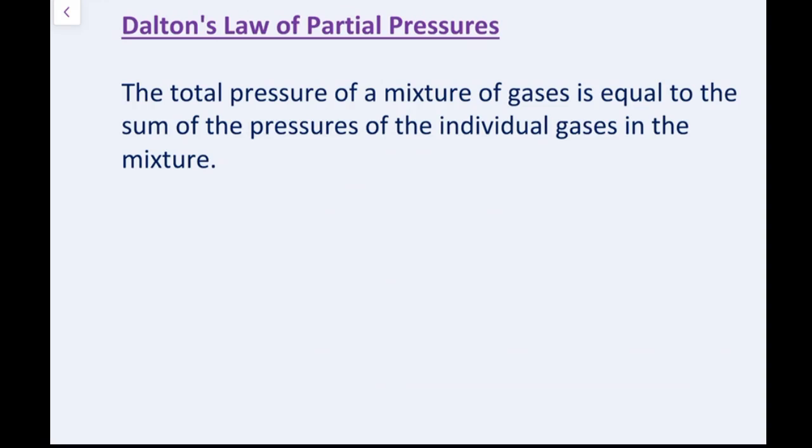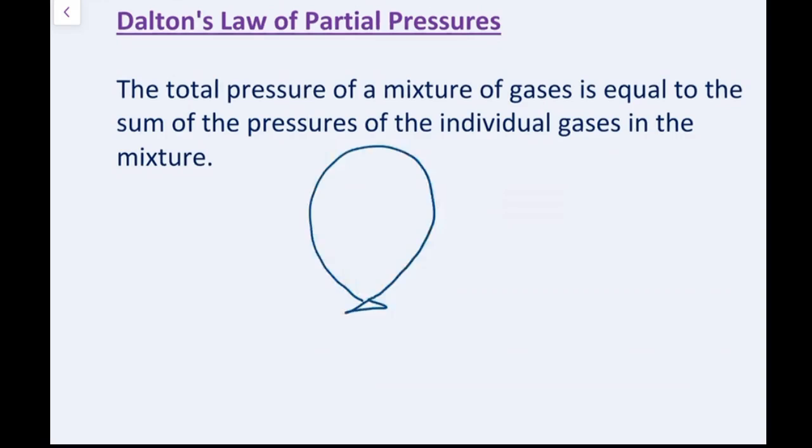But the idea is this: if I have a mixture of gases, so let's say I blow up a balloon, and let's say that this balloon contains mostly nitrogen, so these little orange dots represent nitrogen molecules, and let's say these are N2, and they make up about 80% of the gas in the balloon, just like our atmosphere is about 80% nitrogen.